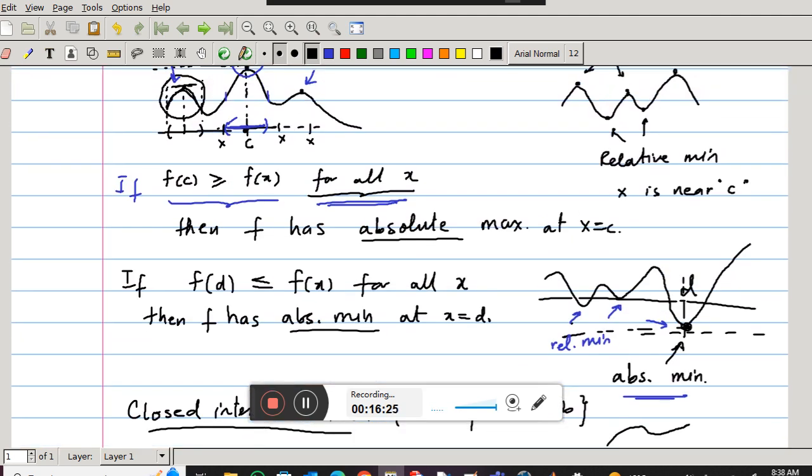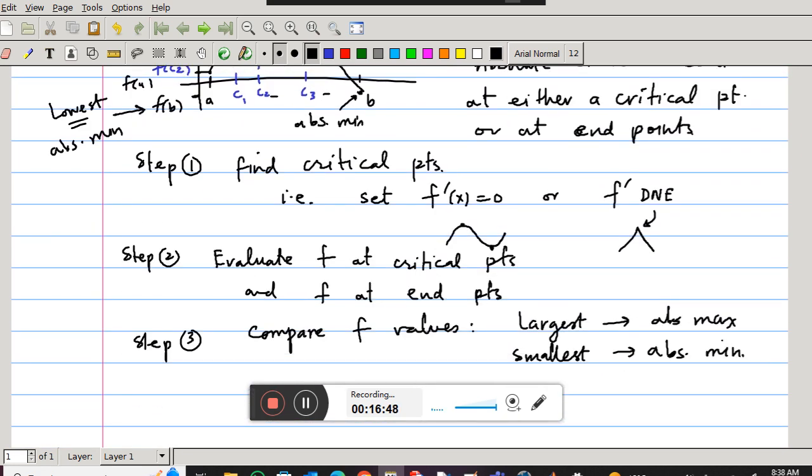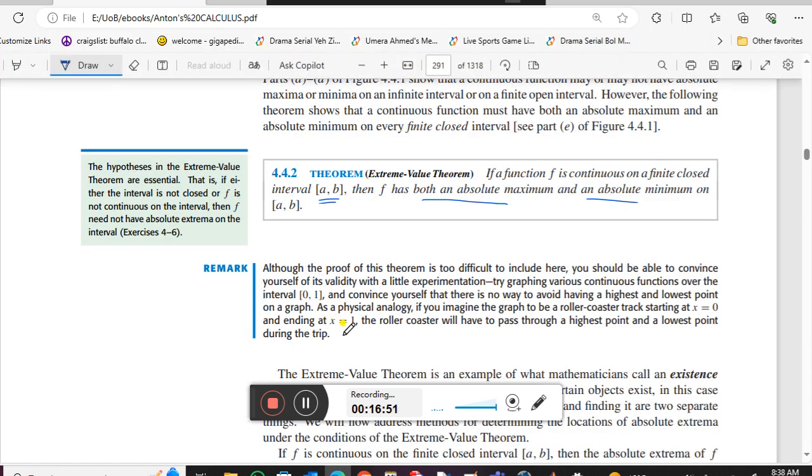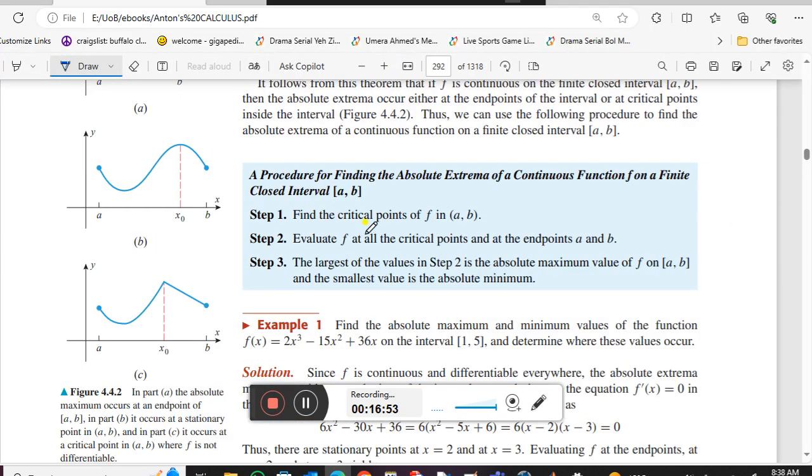When we were in relative maxima and minima, we said what is happening to the left, whether it is increasing, then we see on the right whether it is decreasing. If it is from increasing to decreasing, we say that it is a relative maximum, right? If it is from decreasing to increasing, it is a relative minimum. So we do a lot of things like that over there. But here in a closed interval, it's very easy to check the answer. So here it is written, the criteria, 3 steps.